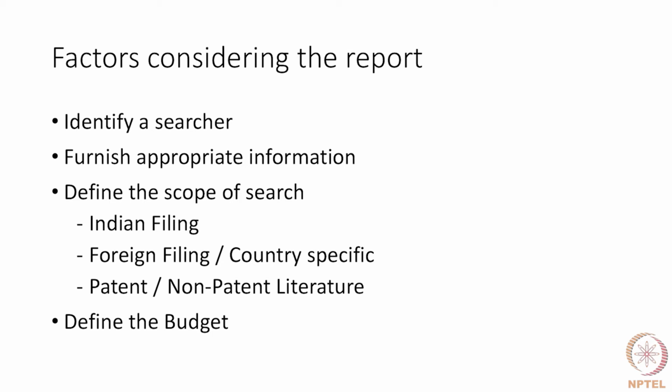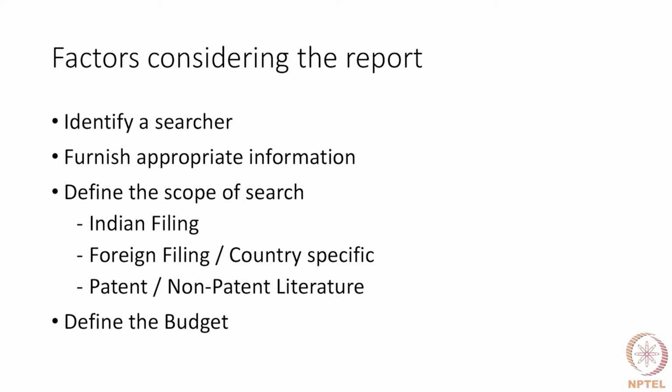So you would normally discuss with the searcher what the searcher should look for and what is the time and resources that you will be putting into the search. So there is a budget for the search, and you will describe within that budget what needs to be done.